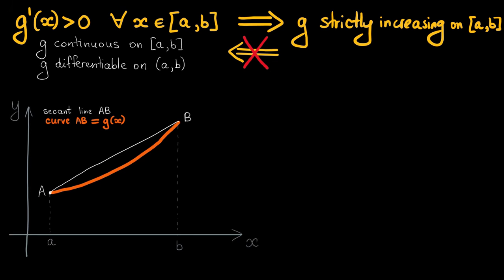Let's start with that. The slope of the secant line AB is just rise over run, so it is just g(b) minus g(a) divided by b minus a. And then what is the slope of the tangent line? The tangent we're referring to here is the tangent to the curve, so at every point you can visualize a tangent.